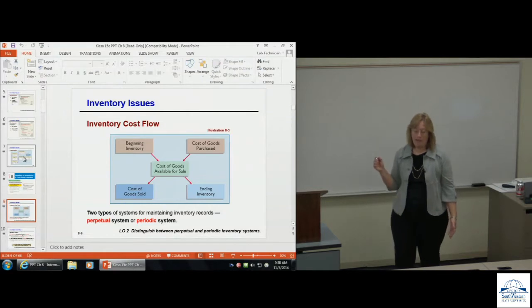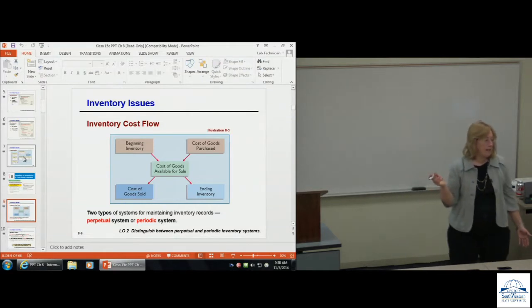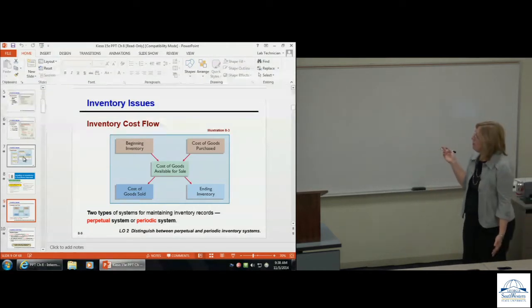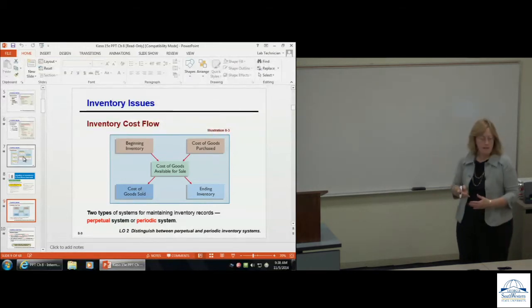Okay. Can you make a formula out of it for me? So those two things at the top, what happens to them? They go to that box in the middle, right?